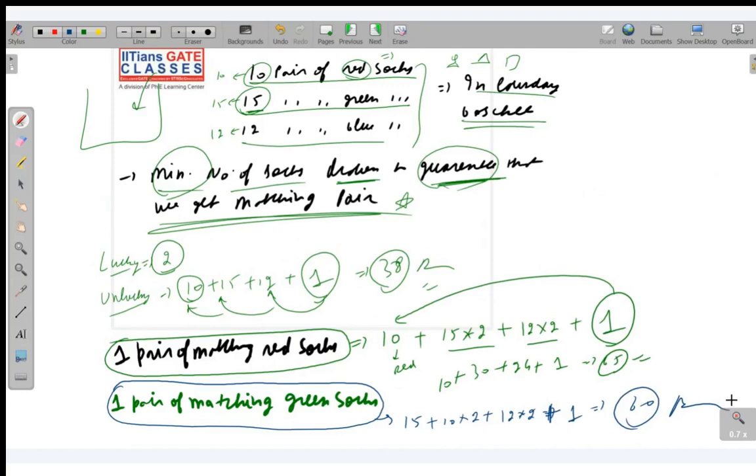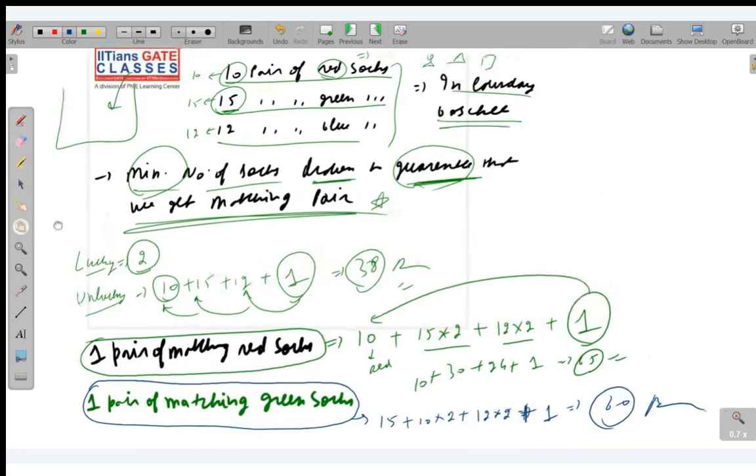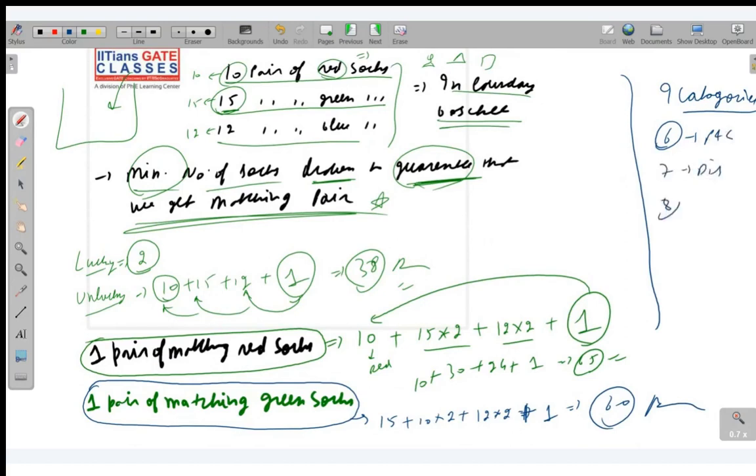Done, sir. Okay. So now our pigeonhole principle is over. So finally, we have concluded all the 9 categories of problems. 6 categories were of permutation and combination. The 7th category was distribution problems. The 8th category was principle of inclusion-exclusion, and the 9th category was the pigeonhole principle.